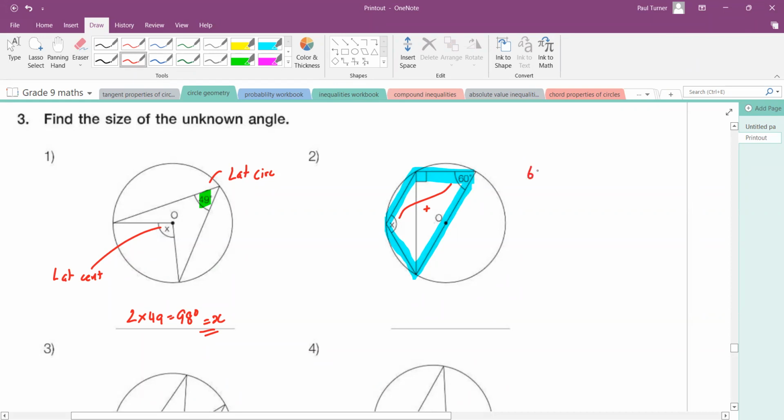So I could say 60 plus X is 180. So this is angles in opposite segments, that rule there. So X then is going to be 180 minus 60. So your angle that's required is 120.